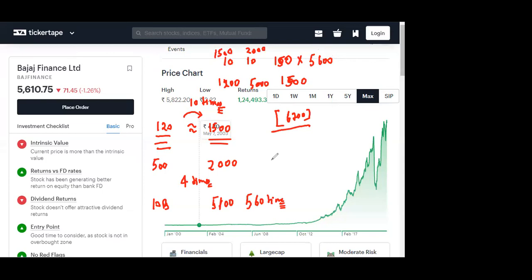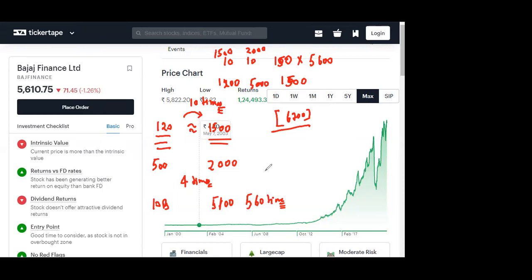Everyone. 10 into 1,500 plus 10 into 2,000 plus 150 into 5,600.